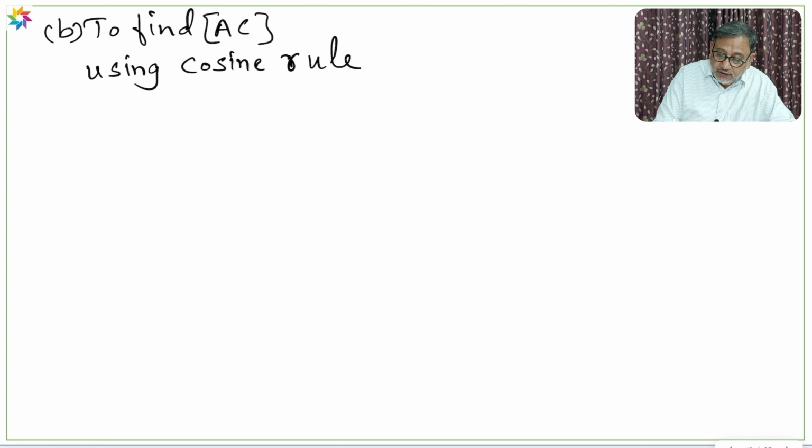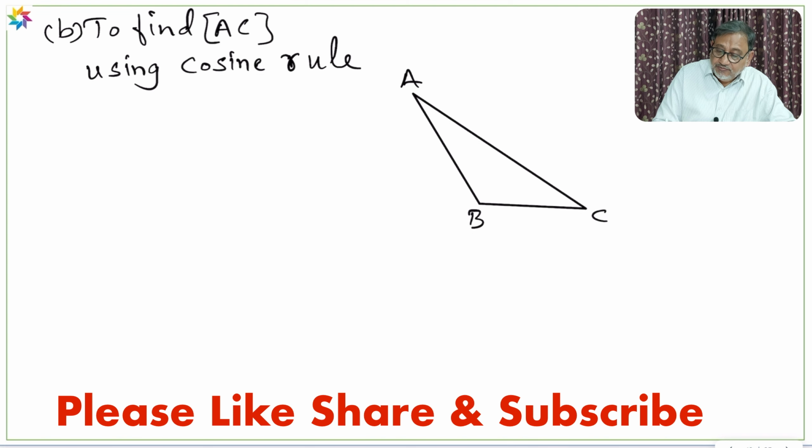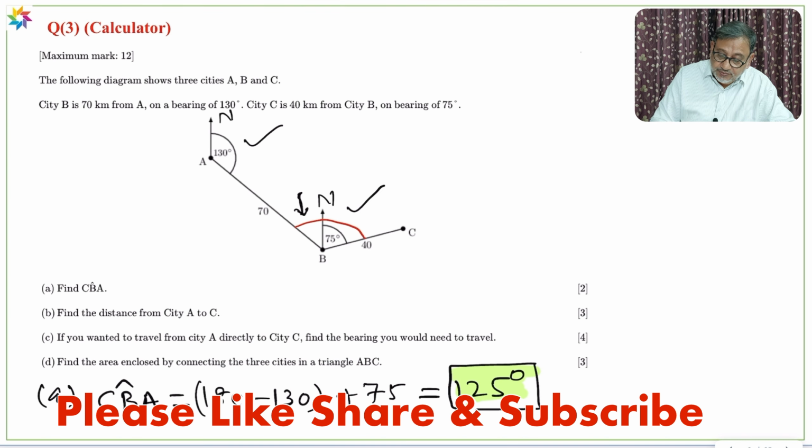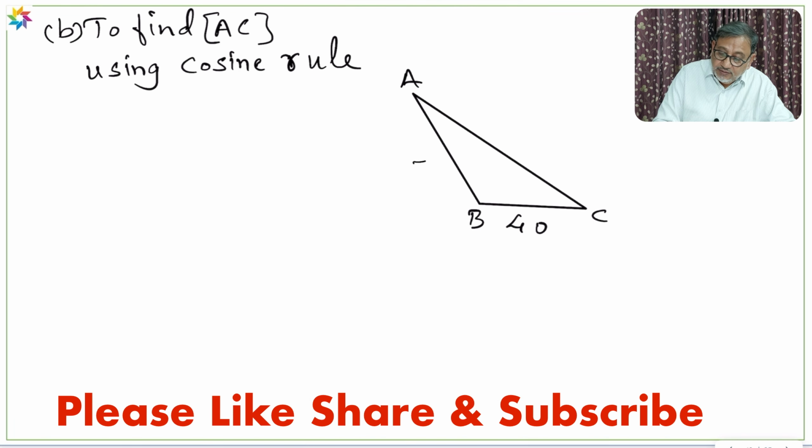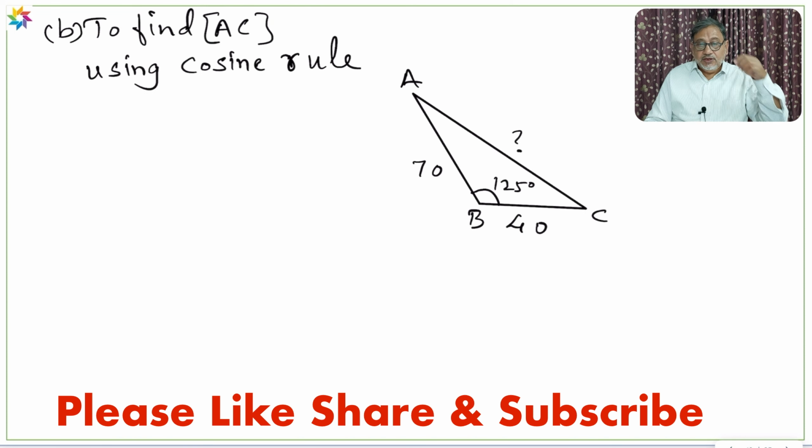Look here, I will draw a rough sketch of it. Like this it is, A, B and C. This is 40, this is 70, and this angle is 125. We have just found it, degrees. So we want to find this AC, okay?